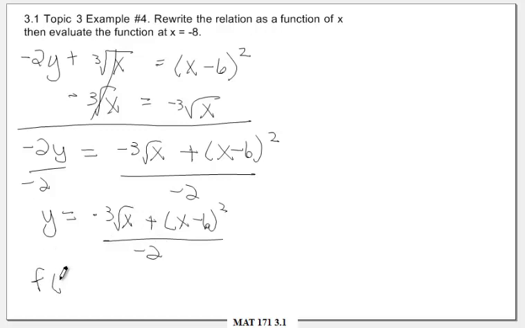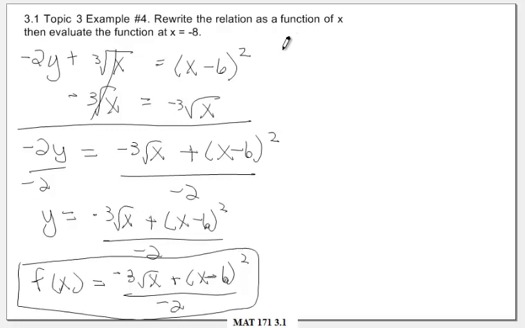So we got f of x is equal to negative cube root of x plus x minus 6 squared, all divided by negative 2. So that is our function. Now we're going to solve f of negative 8.